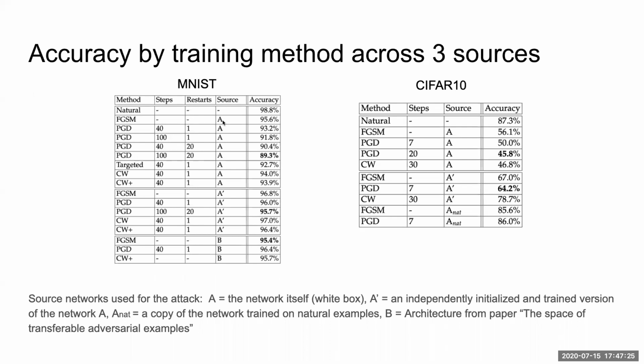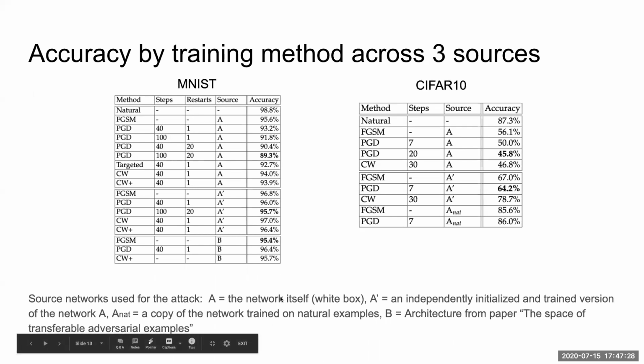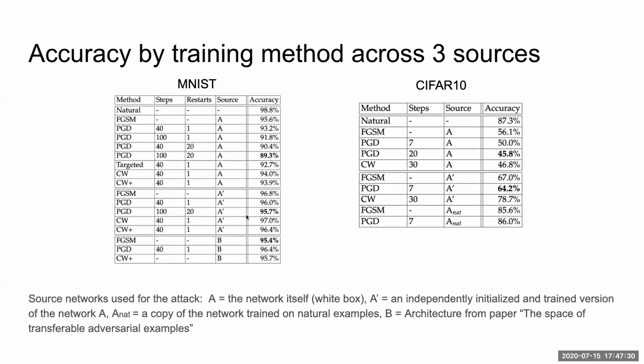The first source is the network itself, and that's a white box. That's saying the attacker has knowledge of the network and the loss related to the inputs. And you'll see pretty good.